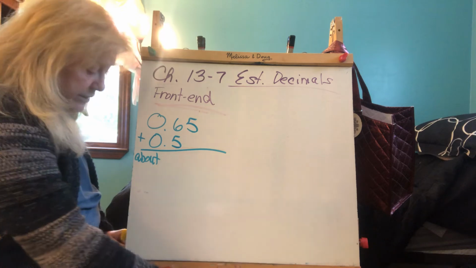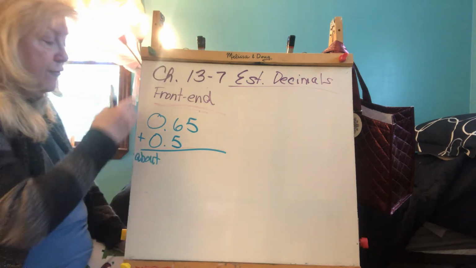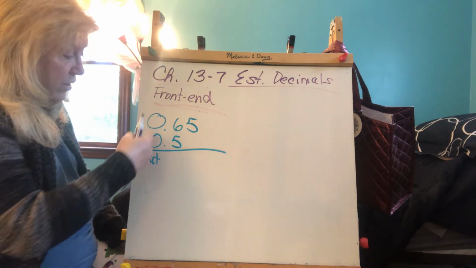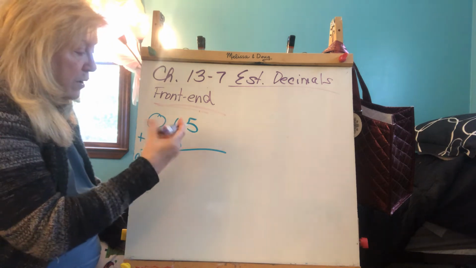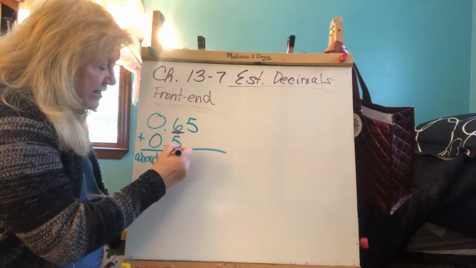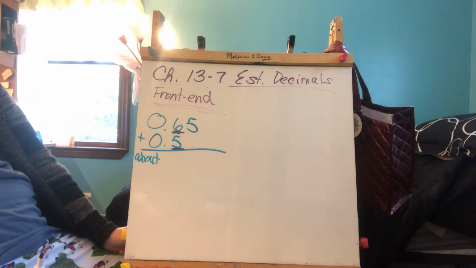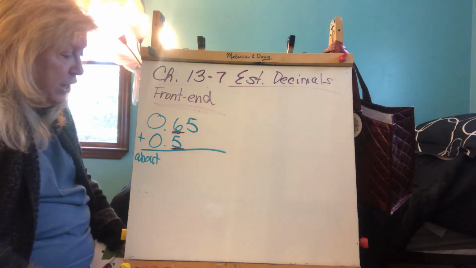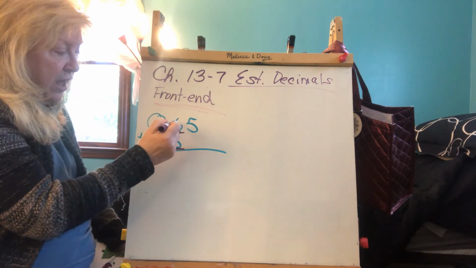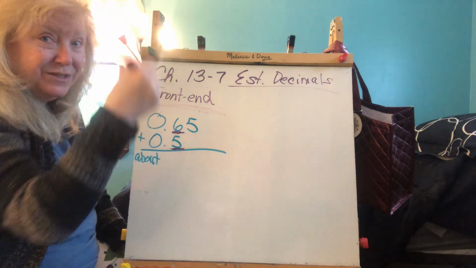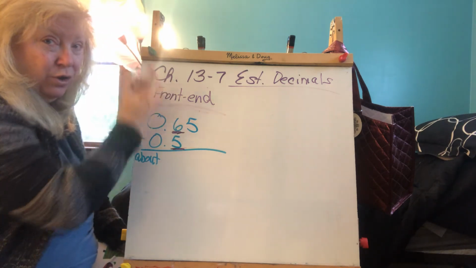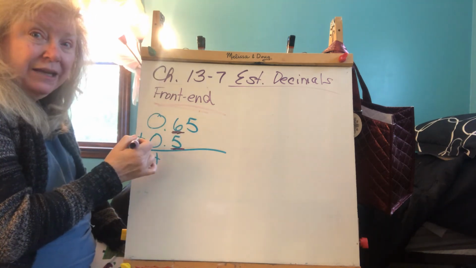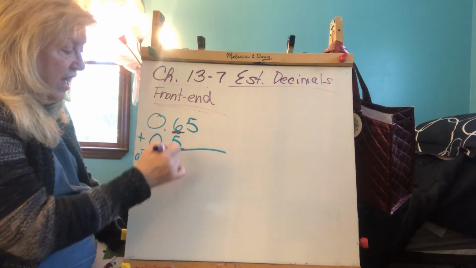Now, like I started to say before, you go to your first non-zero digit places and you add or subtract them. Well, these are zeros, so I can't do that here. So I'm going to go to my tenths place because that's where both of them have a non-zero digit. I have 6 plus 5. Before, I was going to subtract it by mistake. It was written in orange and I was having some trouble seeing it. Now that I wrote it in green, I can see that this is a plus sign, not a minus sign. So 6 plus 5 equals 11.